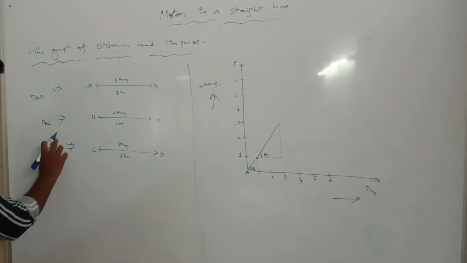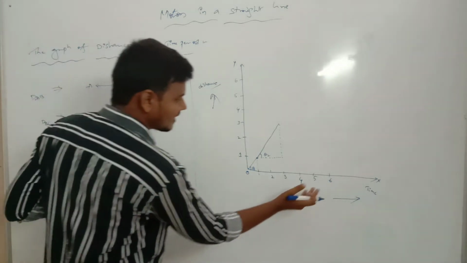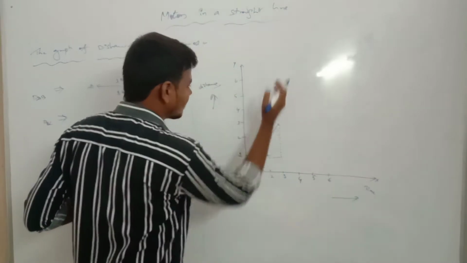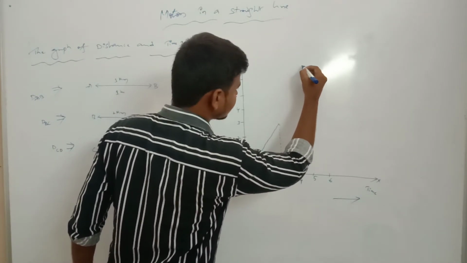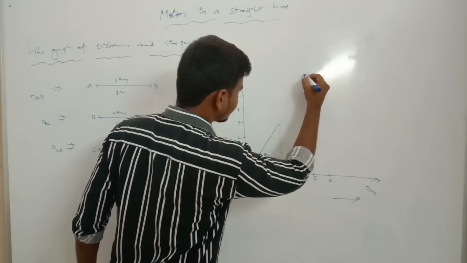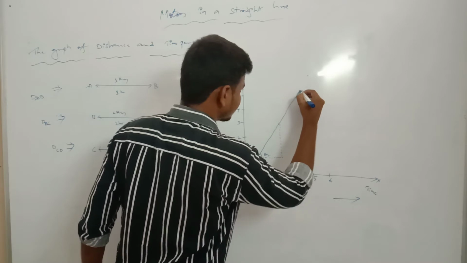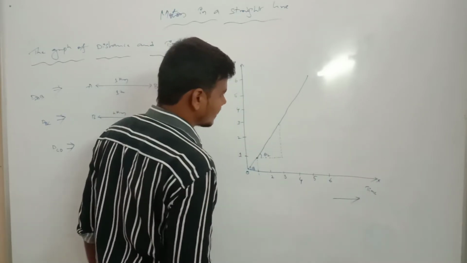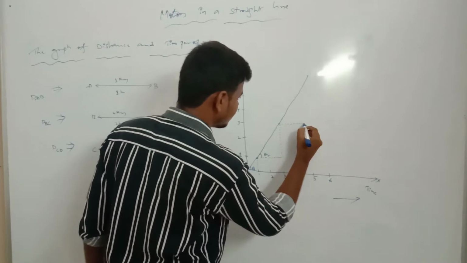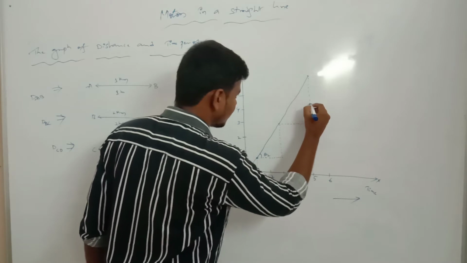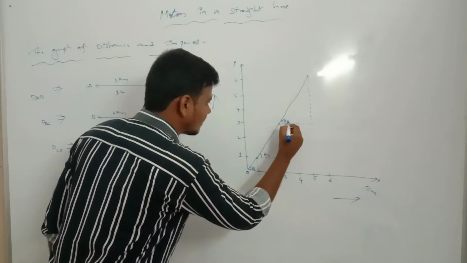Now at the distance of C to D, 3 kilometers and 2 hours, a 2 hour time period. 3 kilometers: 1, 2, 3. And here this is the portion of 2 kilometers. Now this is theta 3.